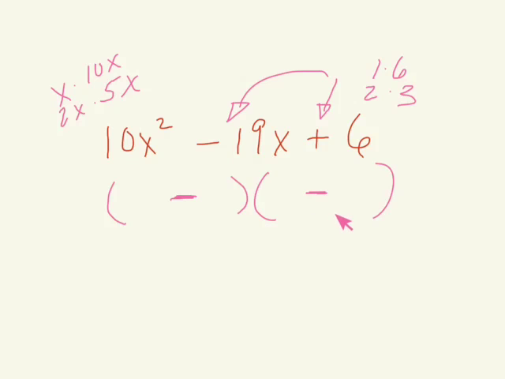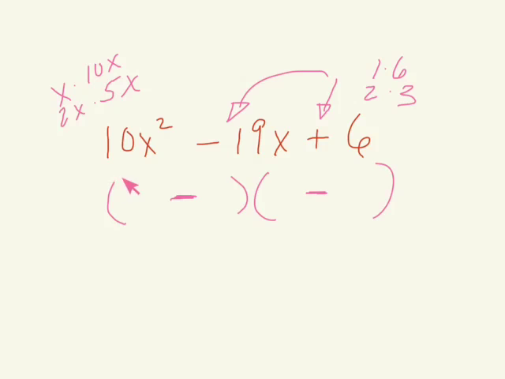See, signs are the same. So we're going to find 2 factors of 6 that, when multiplied with 2 factors of 10x squared, give you a sum. Signs are the same, remember. A sum of negative 19. So let's see, how about this? What's 5x times 3? That's 15x. 2x times 2, that's 4x. 15x and 4x gives you a sum right here of 19.